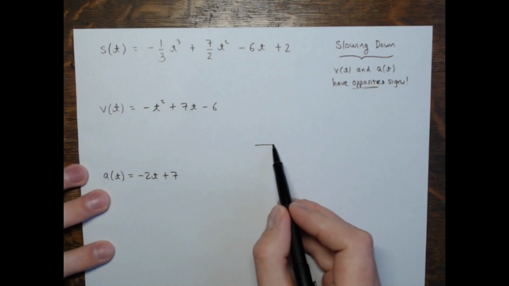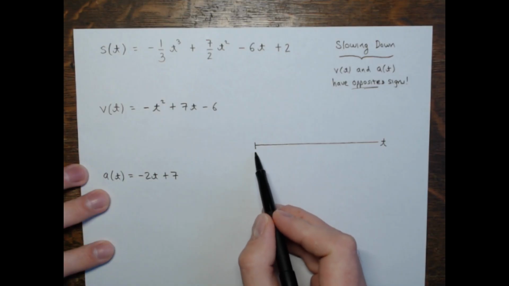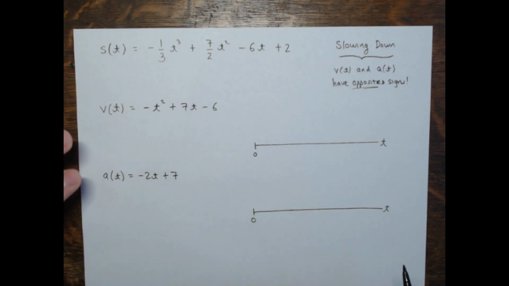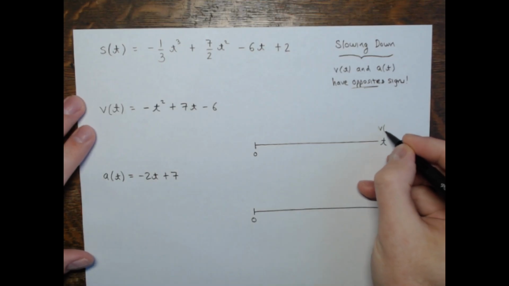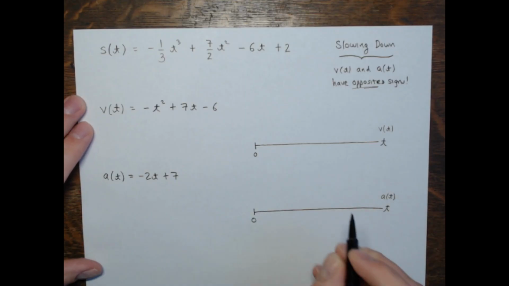So I'll do the number lines again. These are time lines, not position lines, and we're only focusing on non-negative times. So 0 on the left here. This will be my velocity timeline. This will be my acceleration timeline.